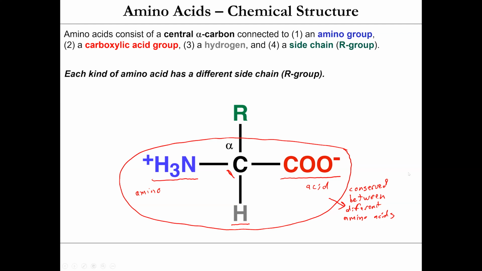How the amino acids differ is in this R group here, which is also called the side chain. This R group is going to be variable and different between each of the different amino acids, and that's what's going to give them their unique chemical structure and unique chemical characteristics.